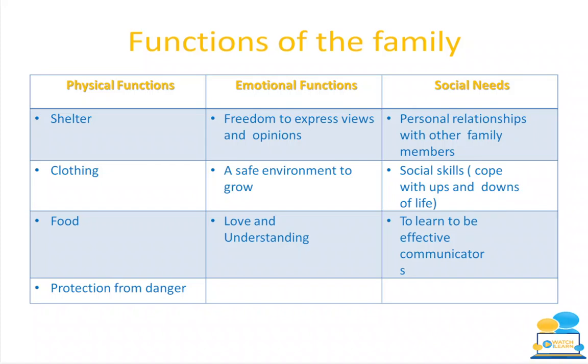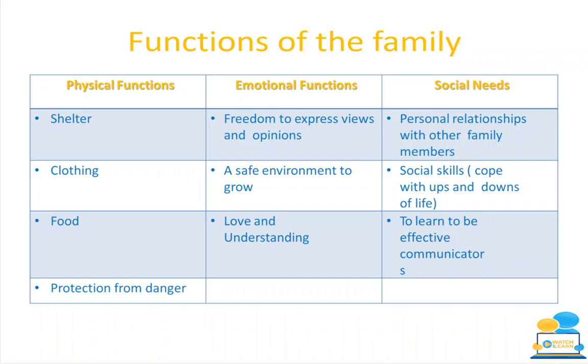Social needs is your third function. So it provides personal relationships with other family members. So you see how your parents interact, and therefore that will then influence how you interact with other male and female members in society. So social skills, you will learn about what is socially acceptable.